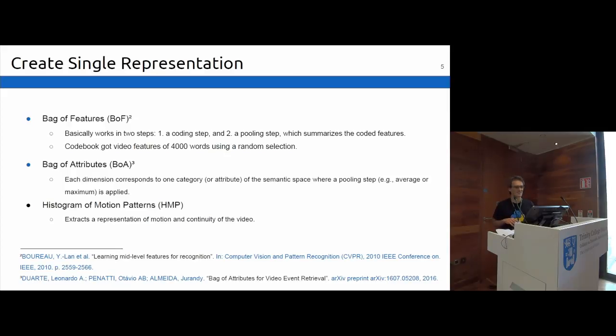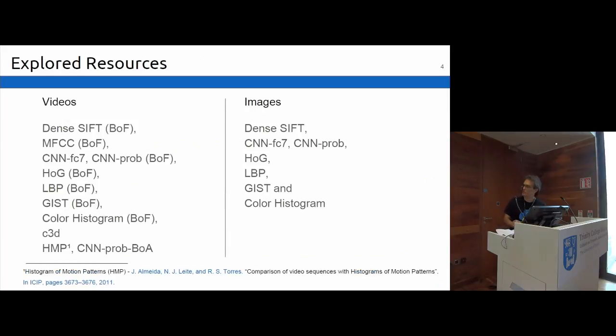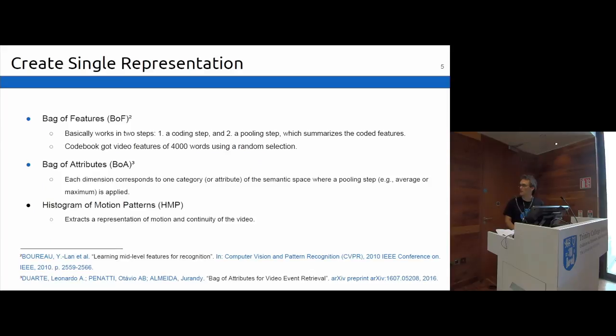In our case, we used a maximum function for the CNN prob final layer. On the histogram of motion patterns, we extract a representation of continuity of the video, as I said before. I'm leaving the main references on the slide, so you can get more information if you want.